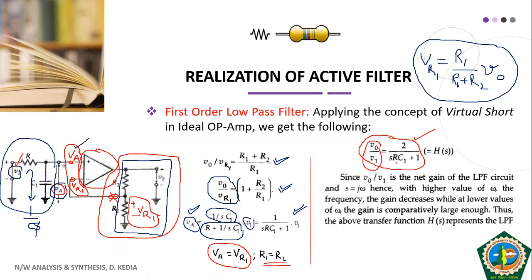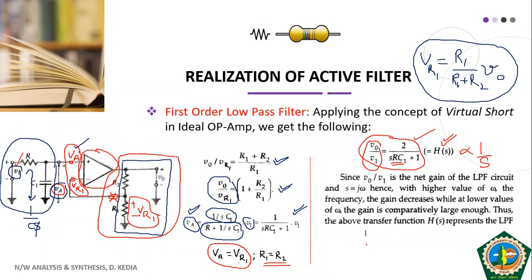See, in the denominator, we have a first order term in S. So this is your first order low pass filter. And how is it a low pass filter? You can see that H(S) is inversely proportional to S. So at low frequency we will have high magnitude, and at high frequency we will have low magnitude.